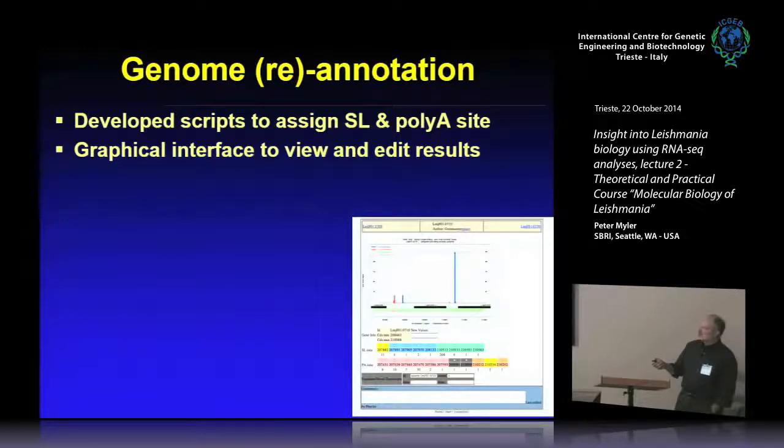The blue tells you where the splice leader reads are mapping, and the height of the bar tells you how many reads there are. The red tells you where the polyA reads are mapping. So here, it's clear that the splice leader site is here, and the polyA site is there. For this example, that's where the algorithm had called them, so we didn't need to correct it. We ended up having to correct about 10% of them.